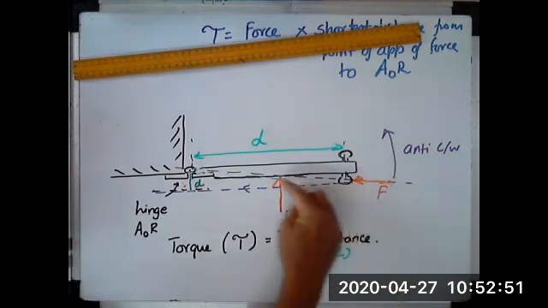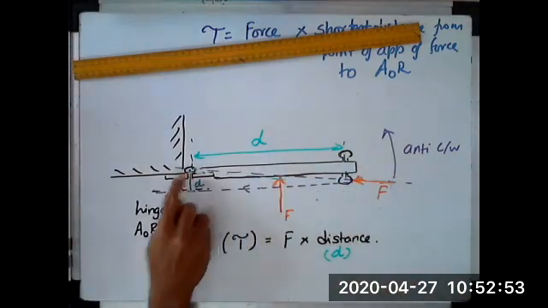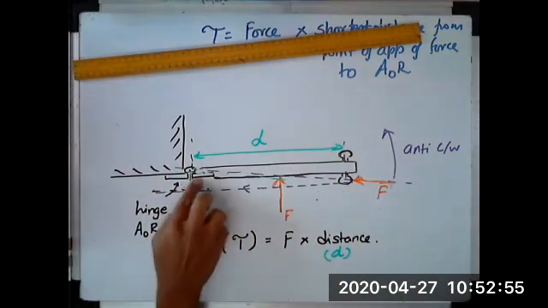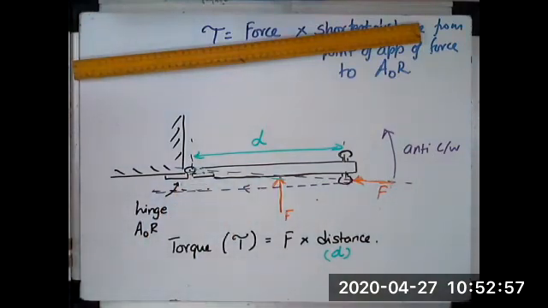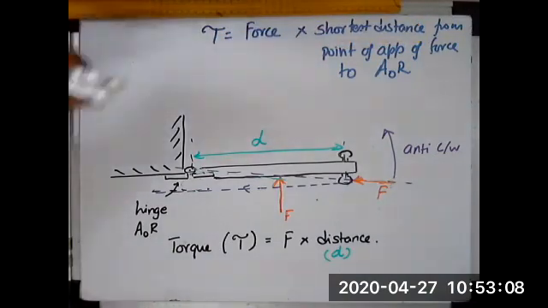Because the line of application of force now has zero distance from the axis of rotation. The d has reduced to zero. And when the d reduces to zero, the torque disappears. So when the torque disappears, there is no rotational motion possible, because right now it is in equilibrium. It's in static equilibrium. Sigma F is equal to zero, so therefore it will not rotate.